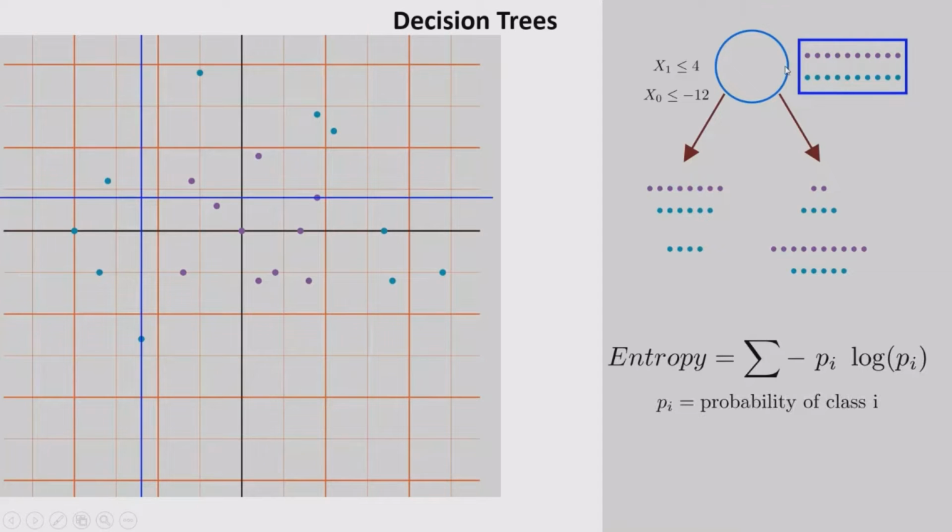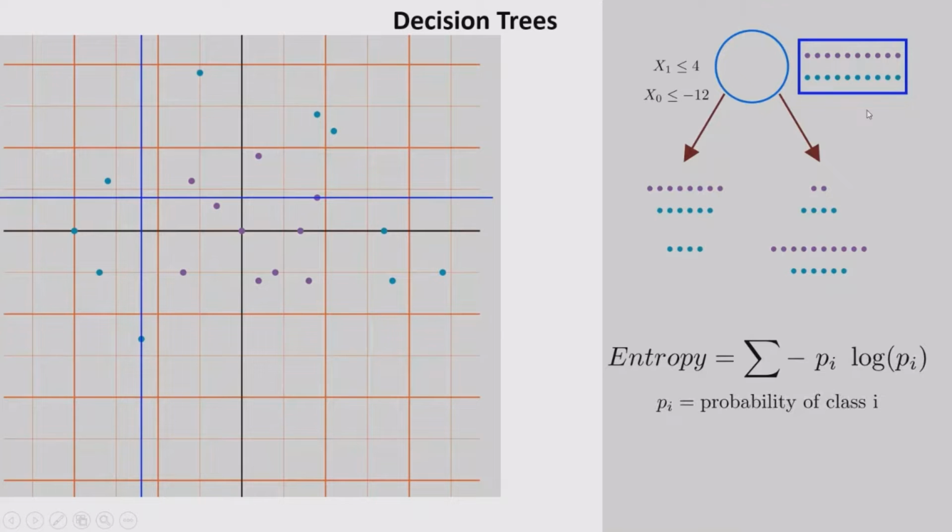For the purple dots, if I count the population for the root node, I find 10 purple dots out of how many total dots? 20. So 10 out of 20 is 0.5.